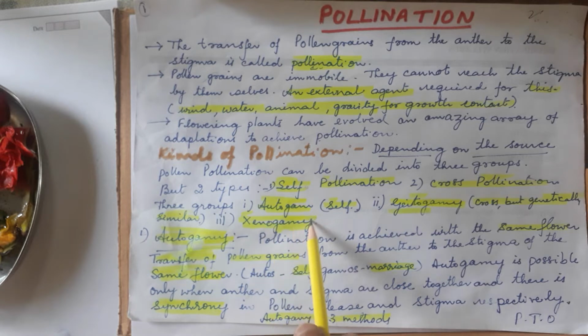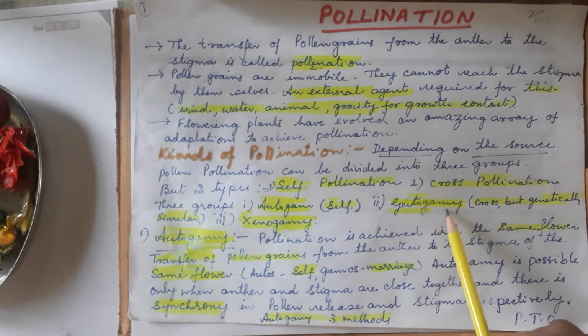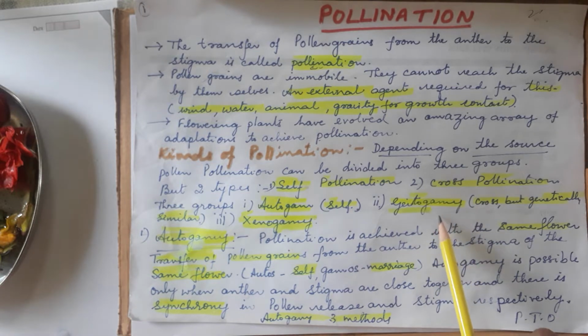First, autogamy, that is self-pollination. Geitonogamy is also one kind of self-pollination. Only thing, the flower will be on the same plant, but pollen comes from one flower to another flower of the same plant, which is genetically the same. So even though it looks like cross, we consider this self only. And the second one is xenogamy. This one we will read in detail afterwards.